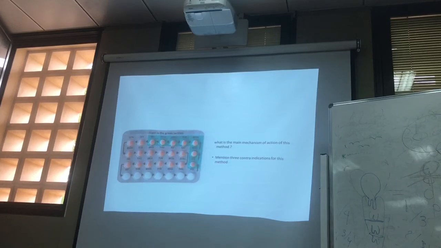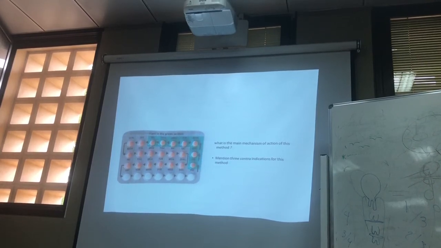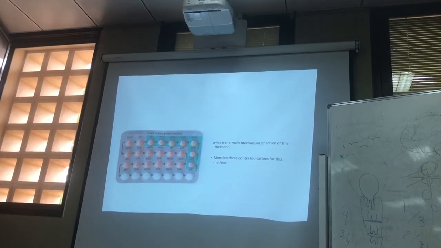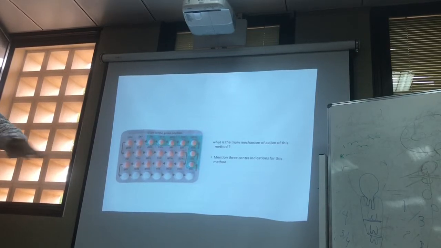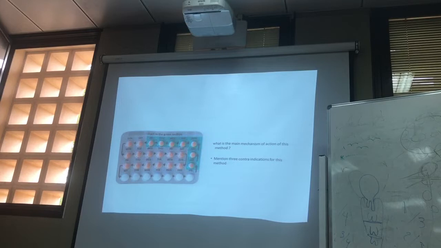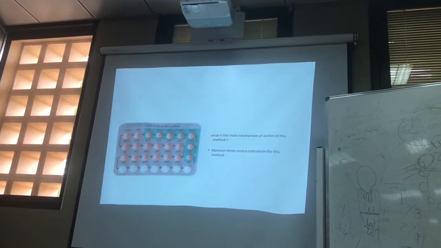Also, cervical mucus becomes thick, so sperm cannot ascend in the first place. That's why it even prevents pelvic inflammatory disease, because if the cervical mucus is thick, even bacteria cannot ascend. Those taking combined pills are less likely to develop upper genital tract infection: cervicitis, endometritis, salpingitis.